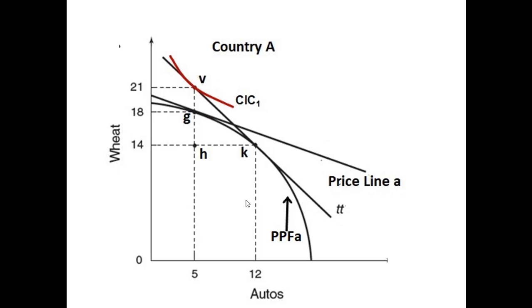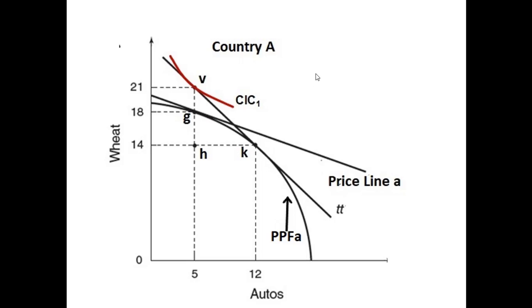So just for review, with autarky, you need to have the price line, not the TT line. That tells you the point on the PPF, which is autarky equilibrium, where they produce and where they consume. They're self-sufficient, there's no trade. Whatever they produce, they're going to consume. With trade, you have a new price line, the TT line, the international terms of trade line, however you want to address it.